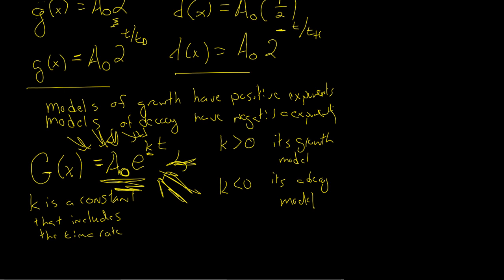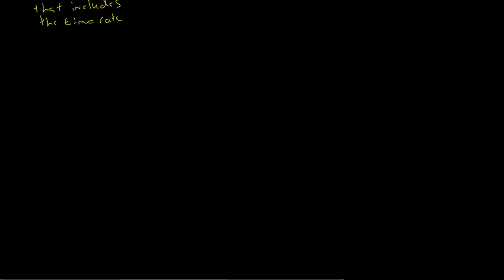All right, so I'm going to do a population growth. So let me change colors here because that yellow was hurting my eyes. So we're going to look at a population growth. I have a town that its population, I think I'm going to use P for population.